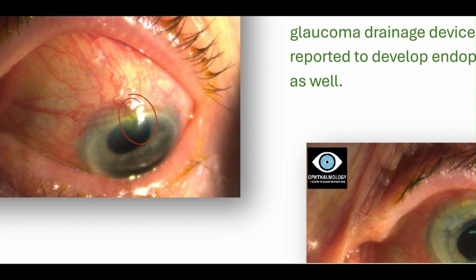So an exposed suture is a track of infection. This exposed suture must be removed.